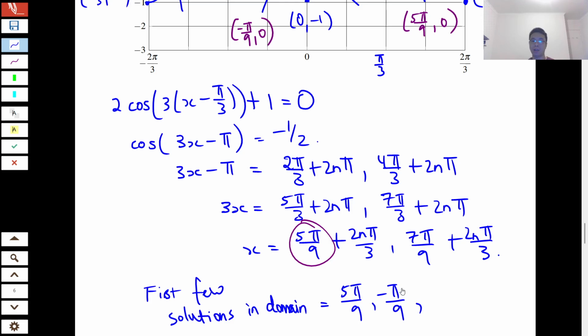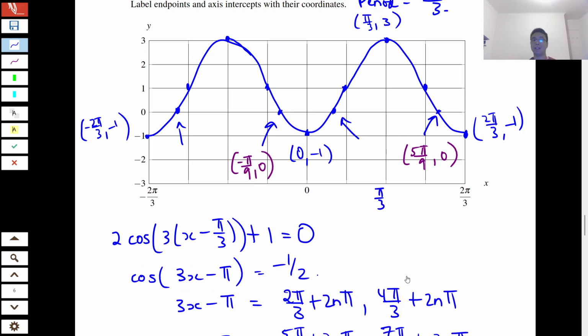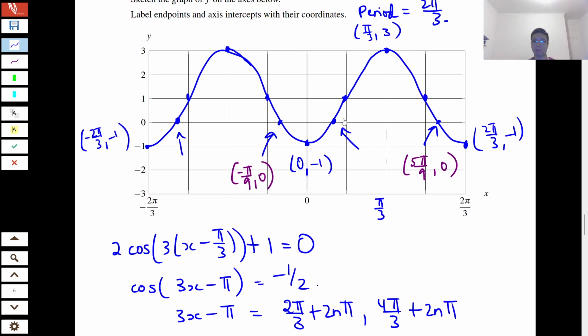So 7 pi on 9 minus 6 pi on 9 is pi on 9, and pi on 9 minus 6 pi on 9 is -5 pi on 9. And you'll notice that these solutions are mirror images of each other, and that's because the graph is symmetric about the line x equals 0. So it's worked out. It's what we expected to happen.